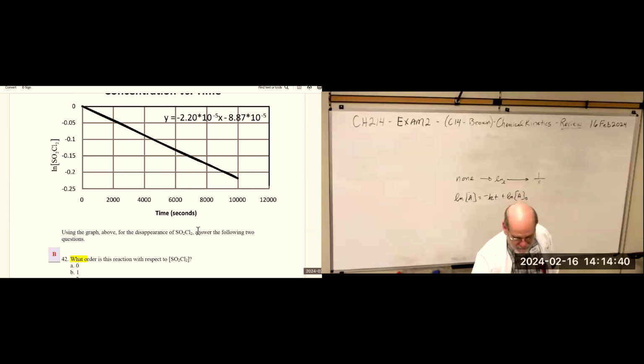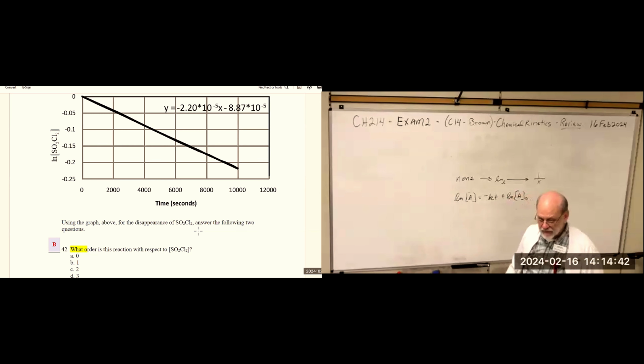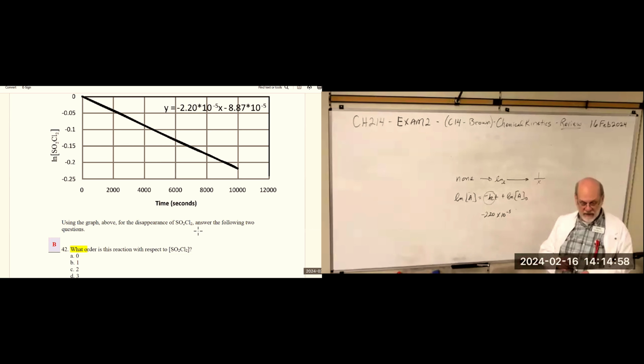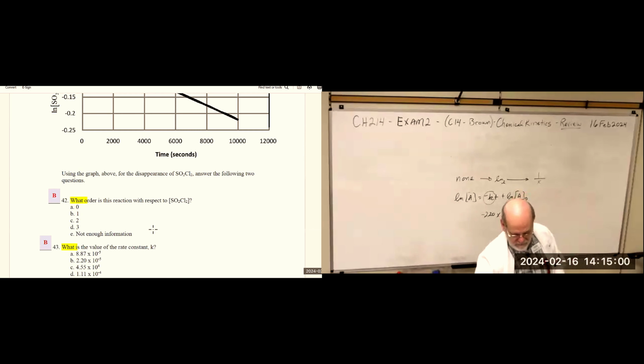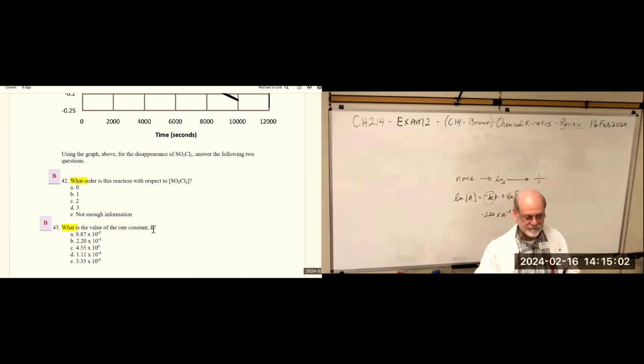So if we want to know the K value, we take the slope. The slope of the line in this case is minus 2.20 times 10 to the minus 5. So you take away the negative sign, and that's your K, 2.20 times 10 to the minus 5. Yeah, B.